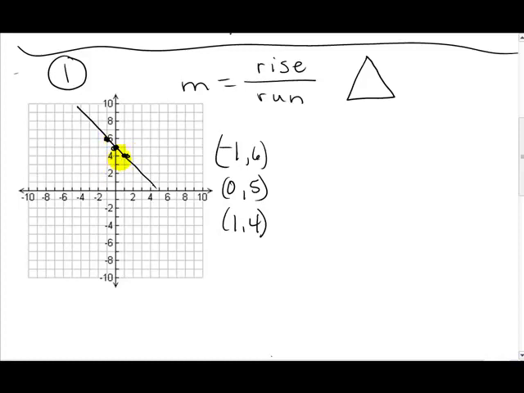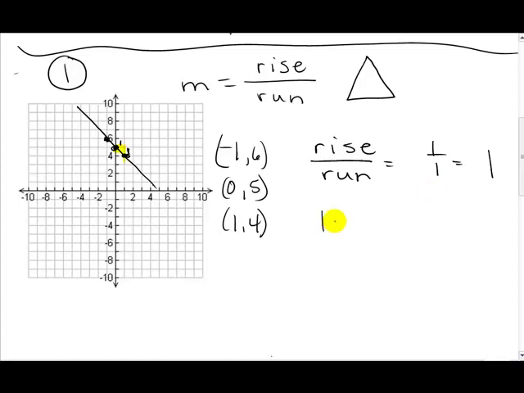I have to use a bigger example. Here's your rise. It's 1. Your run here is 1. And we would want to simplify that fraction.